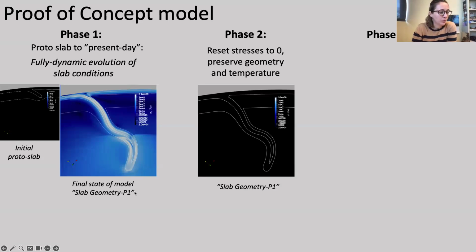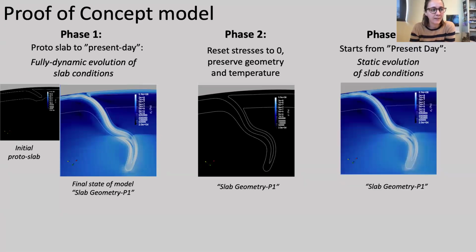In phase 2, I'm going to preserve that geometry, slab geometry P1. Those white temperature contours are the same between the end of phase 1 and phase 2, but I remove all those present day conditions of stress and strain rate that we just evolved. Then in phase 3, I'm going to use that static method of starting with an initial geometry.